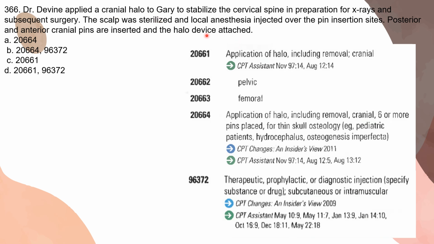So this is a more accurate code, 20661. Now 96372 talks about the therapeutic, prophylactic or diagnostic injection, specify substance or drug. Here they have given the local anesthesia, but remember whenever we give local anesthesia, it is always included in the procedure code. So there is no need to write a special code for the local anesthesia. So the right answer will be 20661.